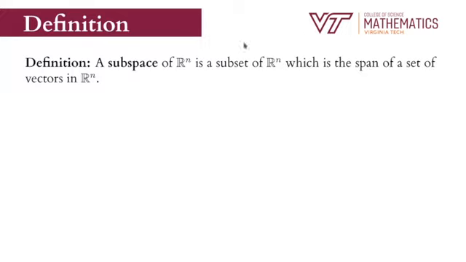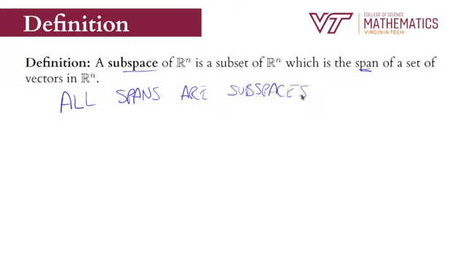So as a definition, a subspace of Rn is any subset that is the span of a set of vectors. So this is just kind of same word almost. All spans are subspaces. We're just introducing a new term for the idea. So a subspace is a span.